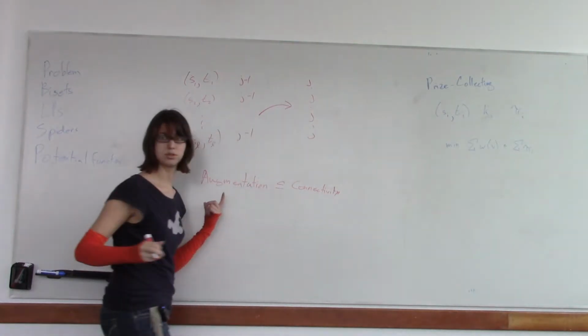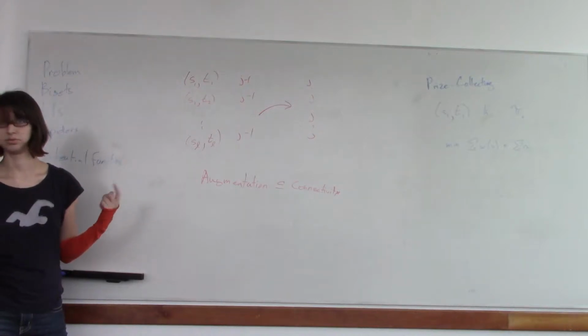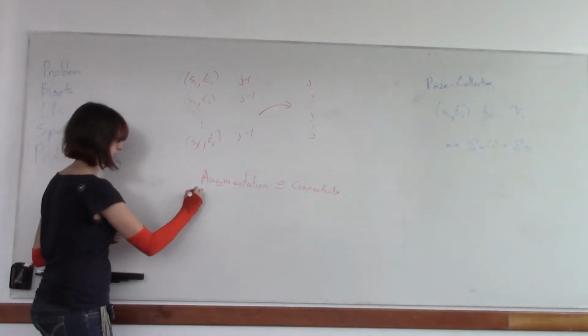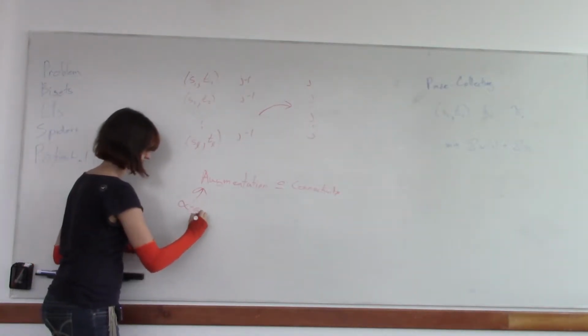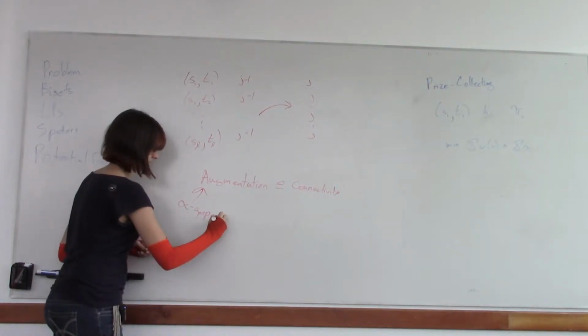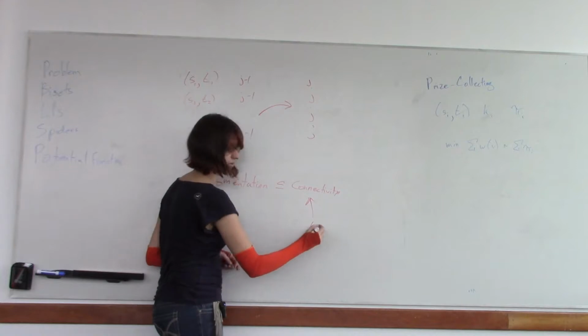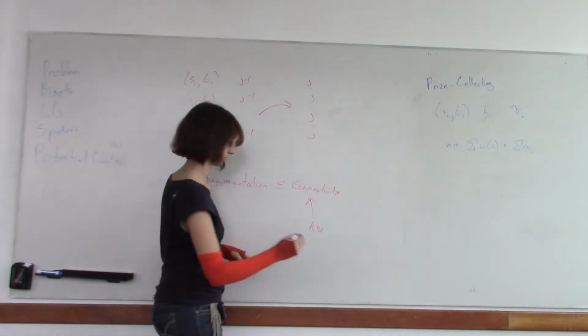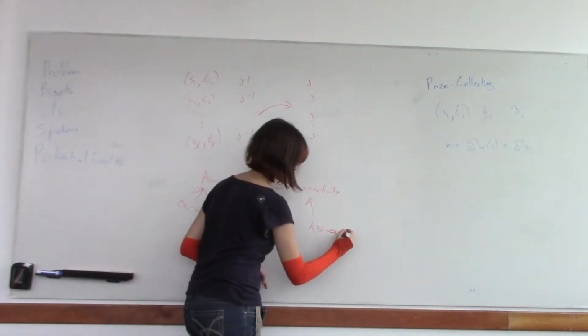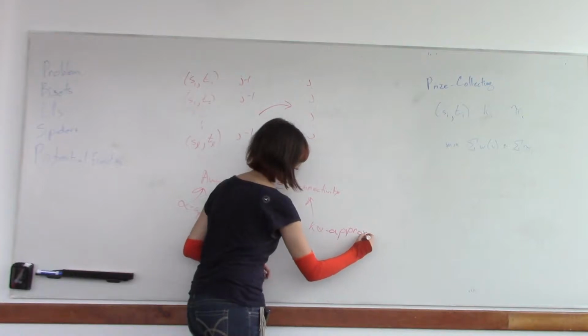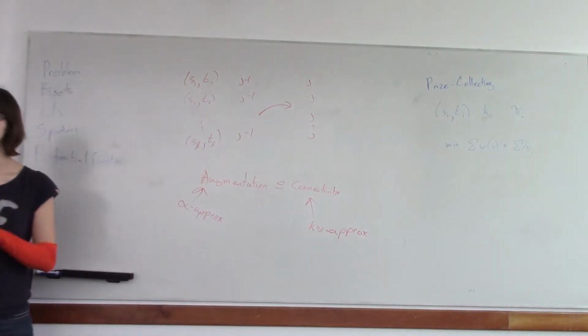And I only need to solve k of these. So if I have an alpha approximation here, then that would give me a k alpha approximation here. So what is the final goal? Like what will alpha be?